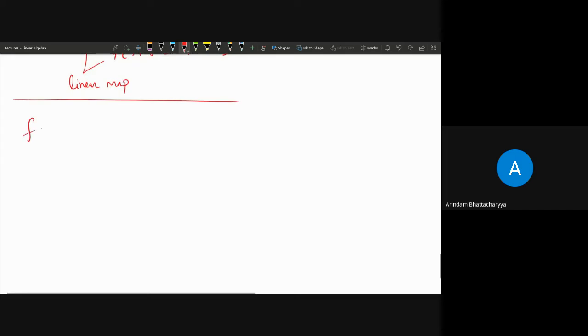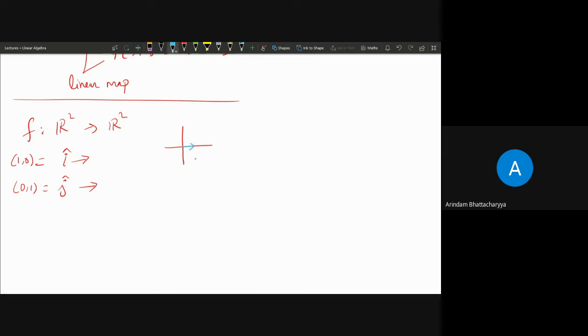So if I want to specify a linear map from R2 to R2, I can just tell where i goes and where j goes, right? That would essentially determine the whole plane. i and j are the unit vectors, or if you prefer the mathematical notation. Let me take another color.